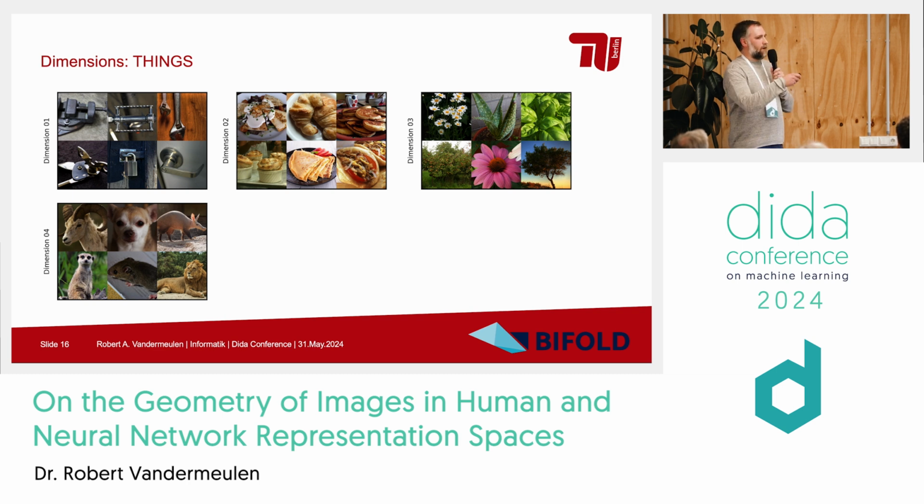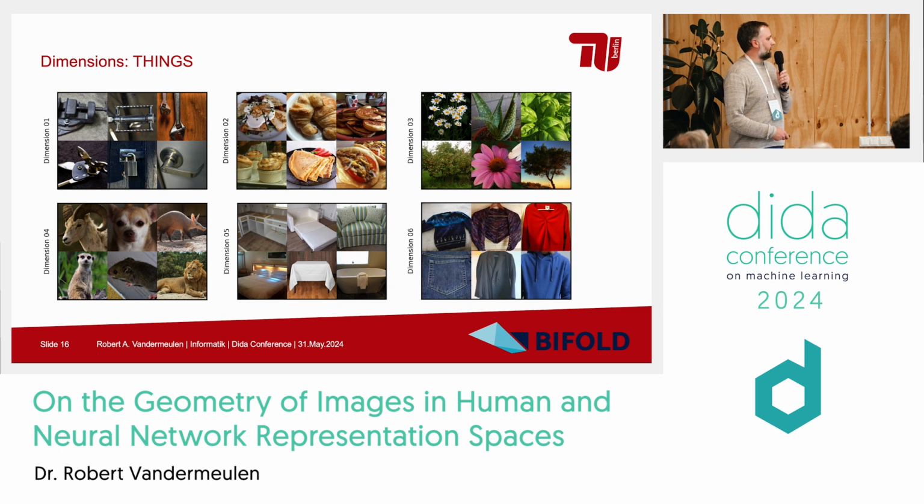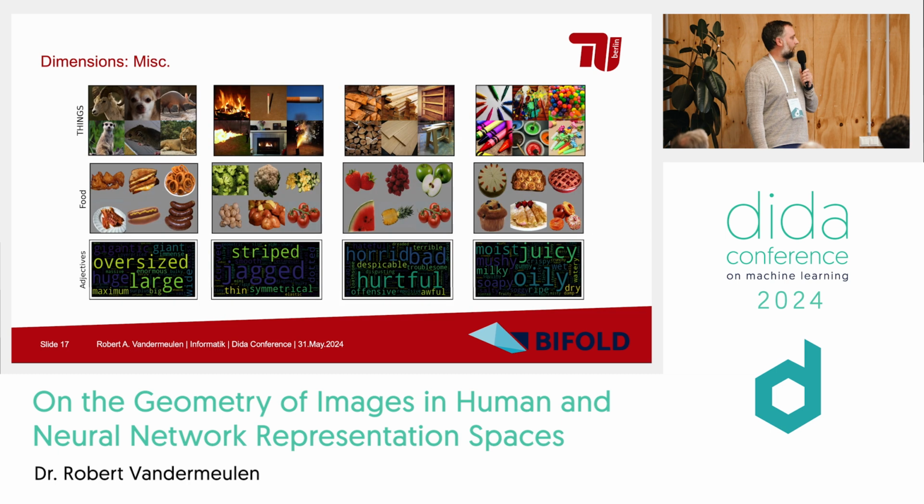So we don't see a gradient as we go down this ranking. Here we have maybe domestic or furniture, and this is clothing. Okay, and just in case you're curious, because I think this is pretty neat too, here are some other examples. From things, this is like dimension 17 or something: fire, wood, color.